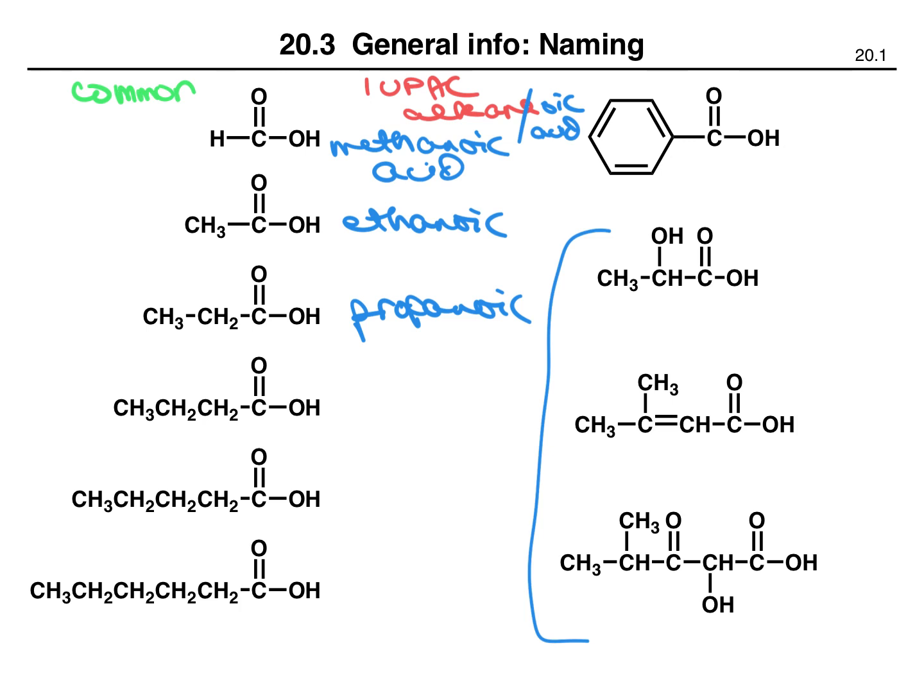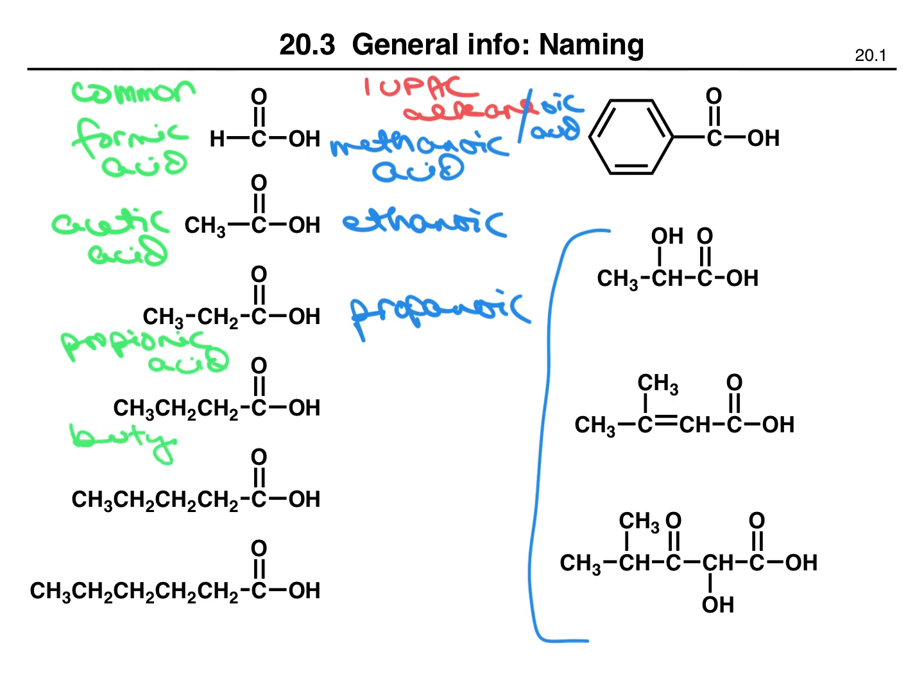The single carbon carboxylic acid is called formic acid. Next is acetic acid, and then propionic acid, and then butyric. This is the lovely compound that's responsible for the smell of rancid butter.